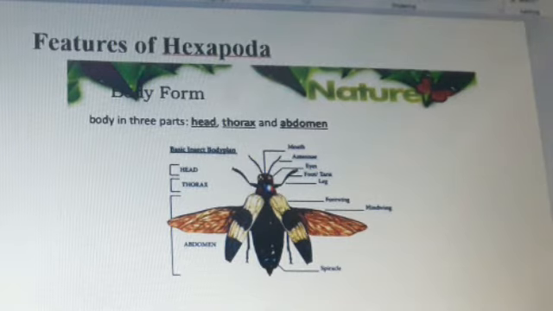Each abdominal segment has a pair of spiracles. Also present are genital structures used during copulation and egg deposition, and sensory structures called cerci. Gills are present on abdominal segments of certain immature aquatic insects.